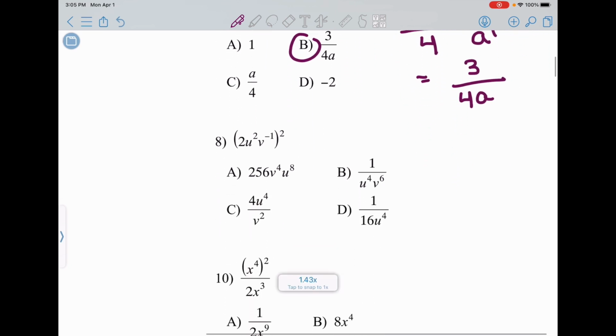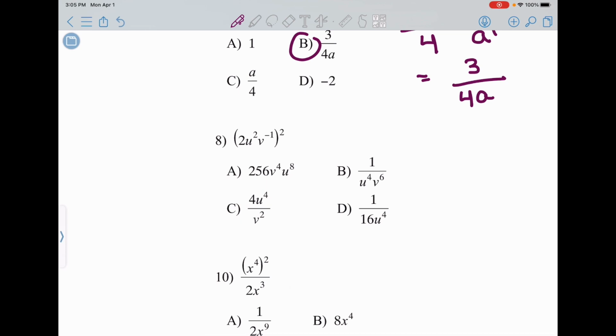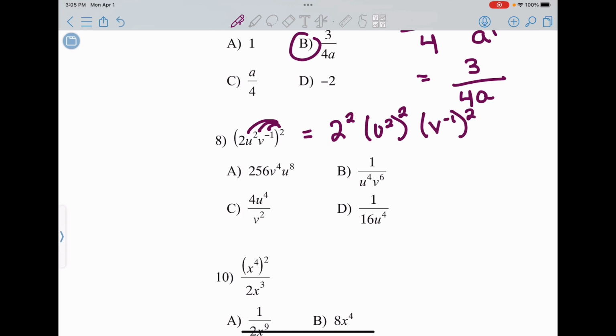In number 8, once again, if I have parentheses raised to an exponent, I have to make sure that everything gets the exponent. So this will be 2 to the power of 2, u to the power of 2 to the power of 2, and v to the power of negative 1 to the power of 2. 2 to the power of 2 means 2 times 2, which is 4.